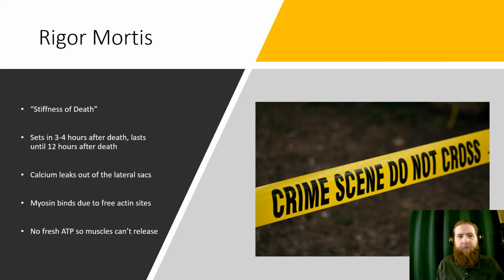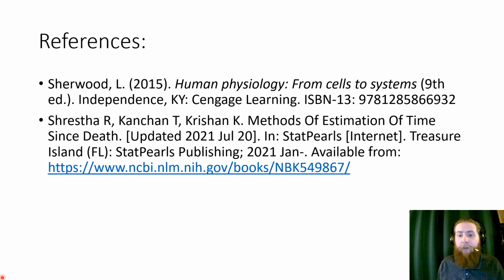Well, that's the conclusion of our discussion on the molecular basis for cellular contraction. I hope you have a better understanding of how a sarcomere is able to cause contraction on the molecular level.